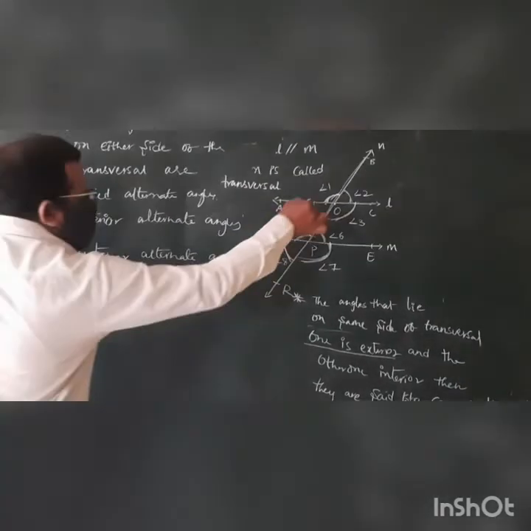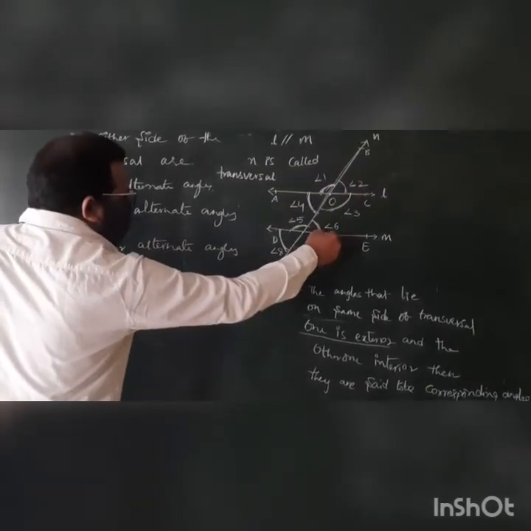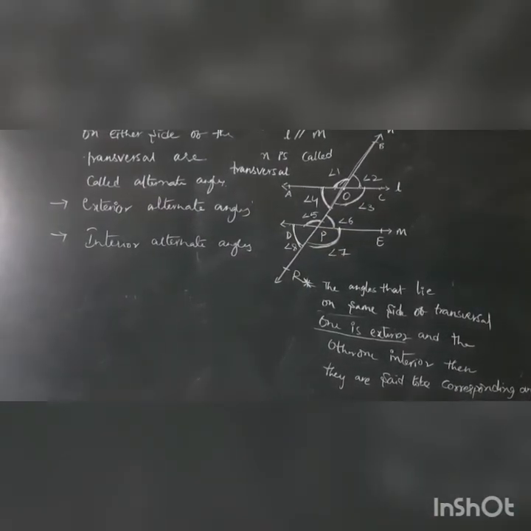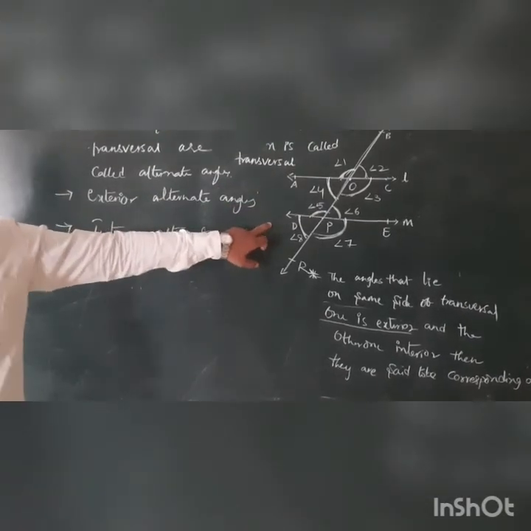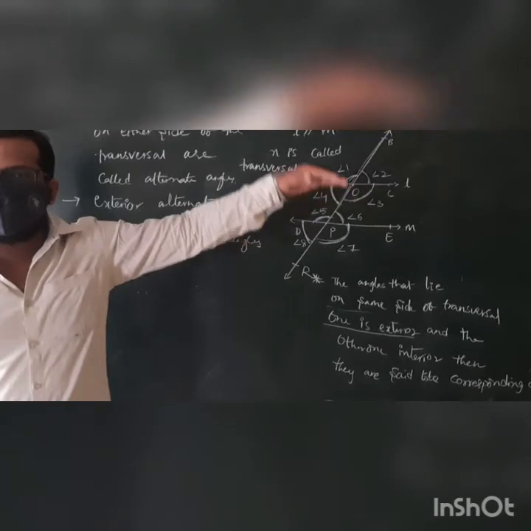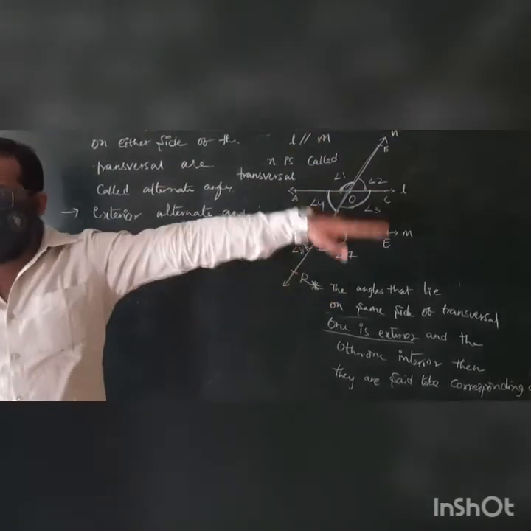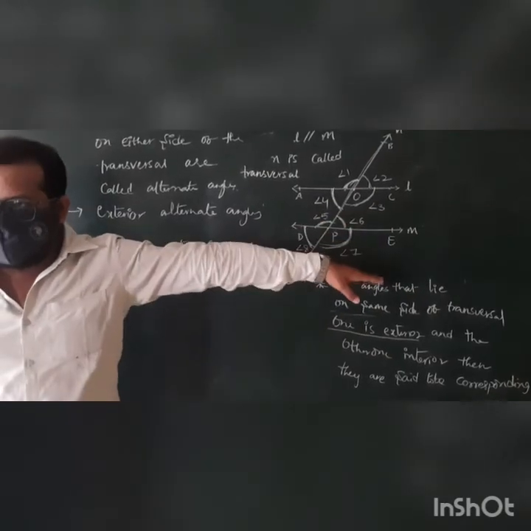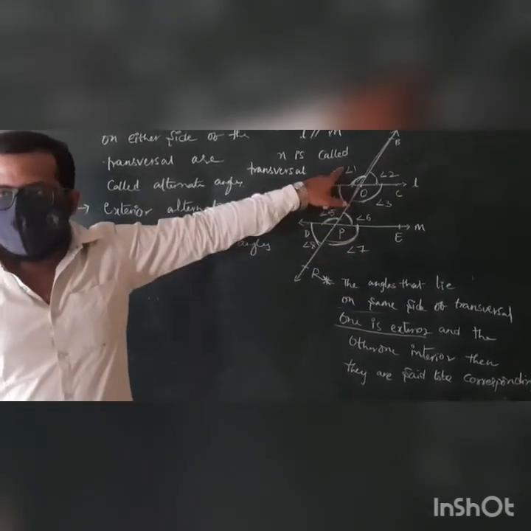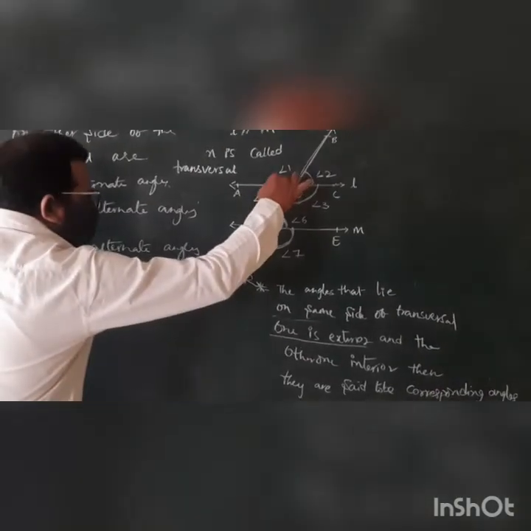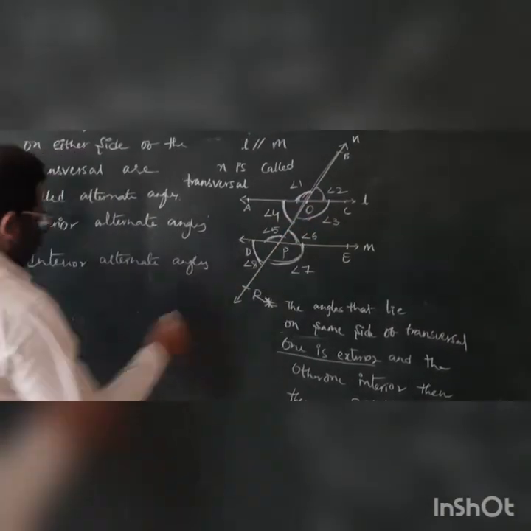Here if you observe, angle 1, angle 7 are exterior alternate angles because they lie outside the parallel lines. Here L and M are parallel lines and this angle is outside the line L, and here angle 7 is outside the line M. So we can say exterior alternate angles. What about interior alternate angles here? We can see angle 4 and angle 6.